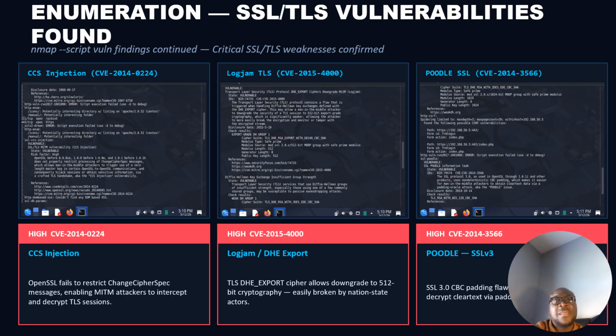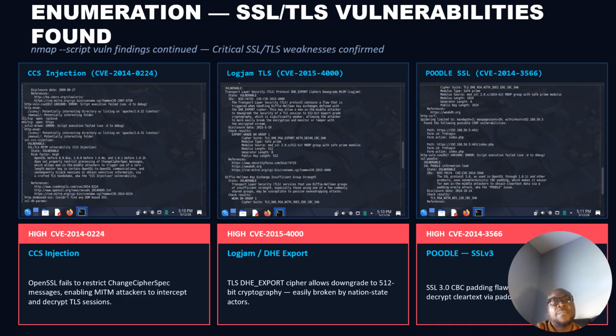Second, the Logjam attack, CVE-2015-4000, exploits the export-grade DHE cipher suite to downgrade the TLS connection to 512-bit cryptography, which can be broken with sufficient computing power.